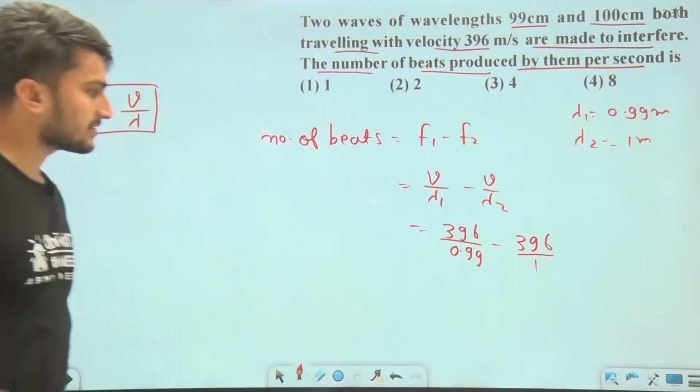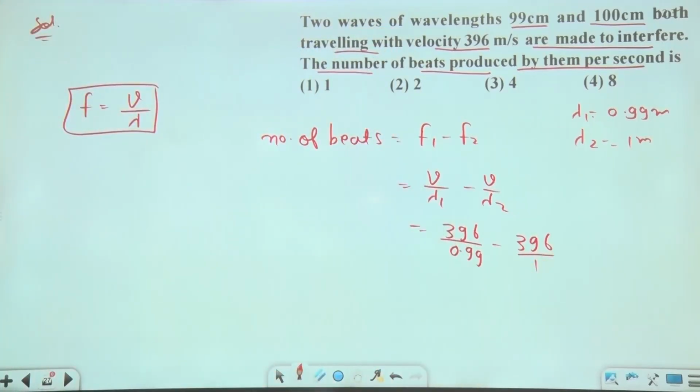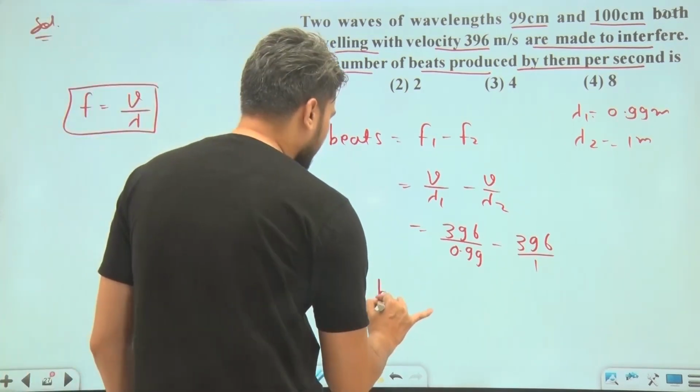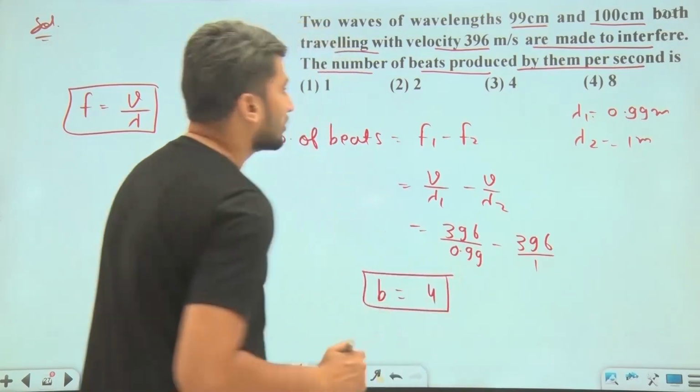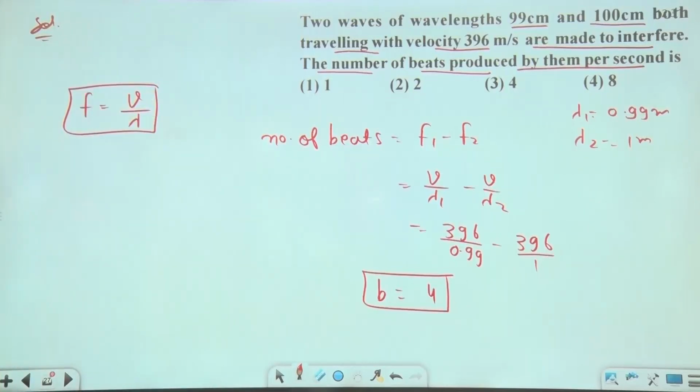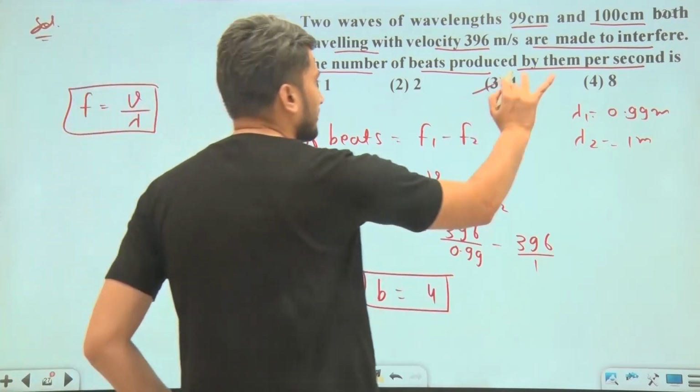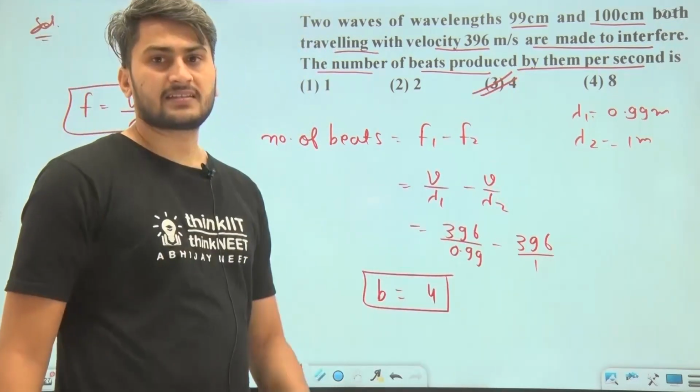Now we check the answer. After solving, the beats come out to be 4. So the answer of this question is option number 3, which is 4.